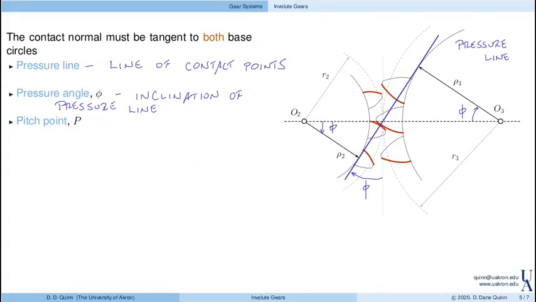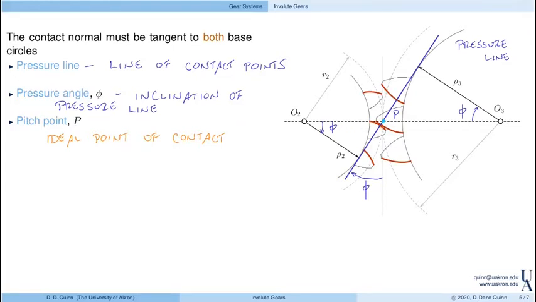Finally, we have the pitch point, P. That ends up as the ideal point of contact between the two gears. If you think about them as circles that are tangent and in contact, then the pitch point is the place where those ideal gear radii come in contact.